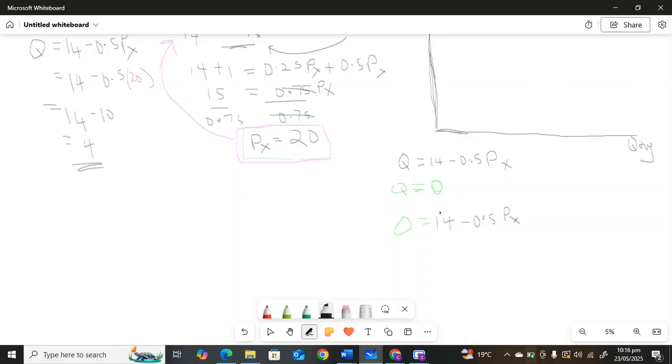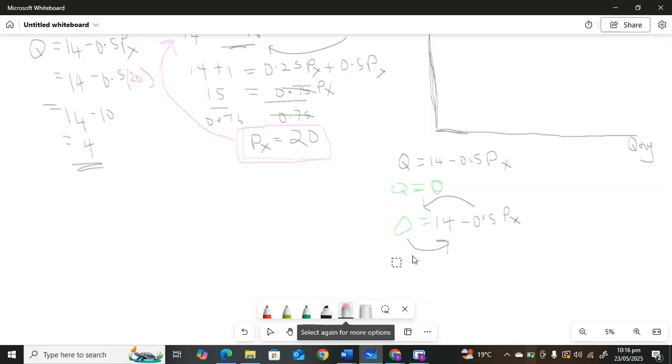These are not like terms, so we can separate them. This negative 0.5 Px, we can just take it over the equal sign.